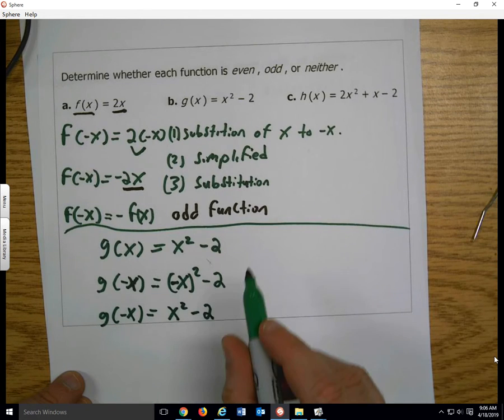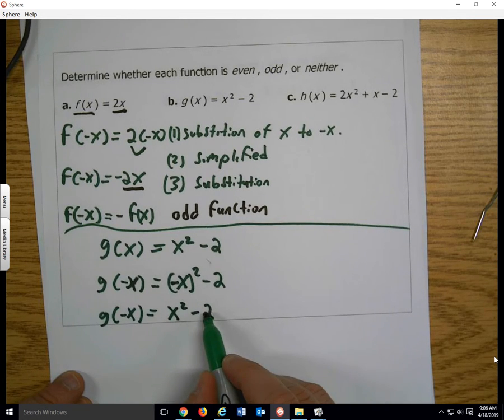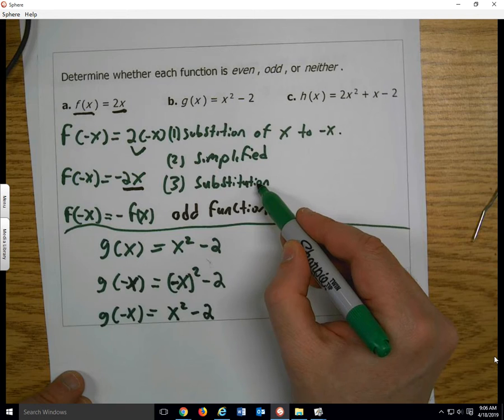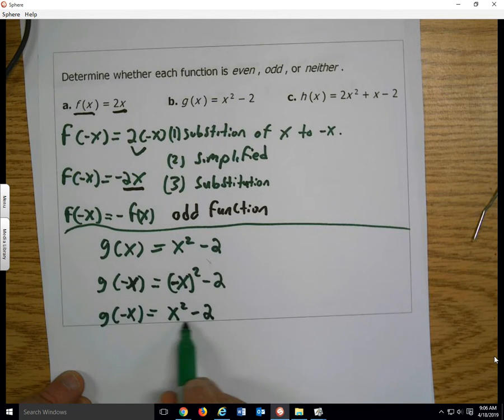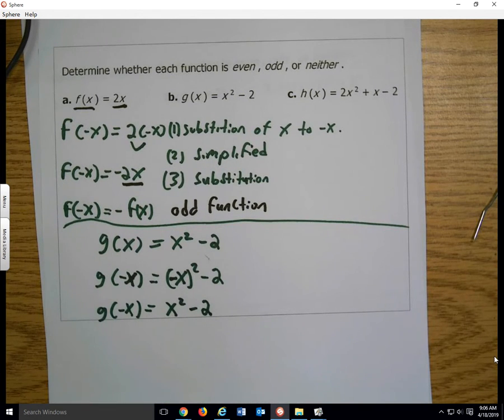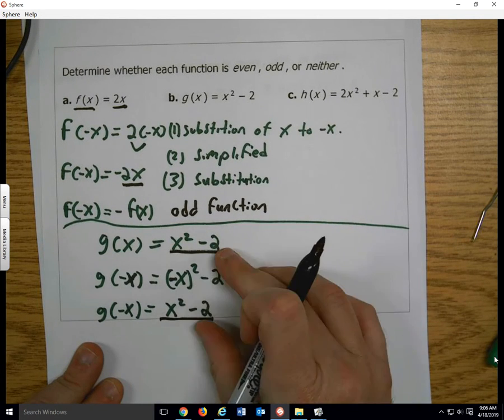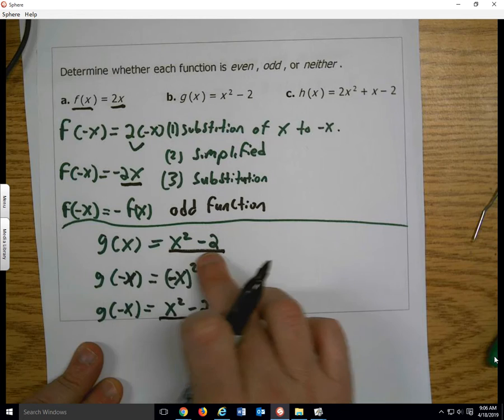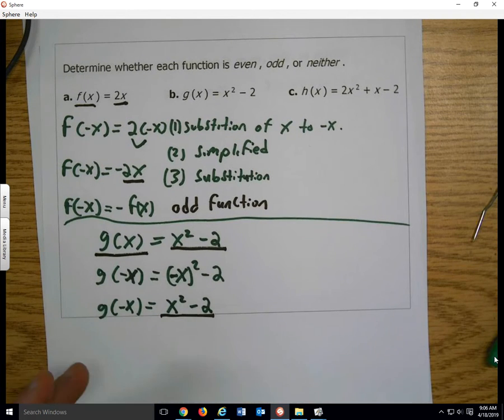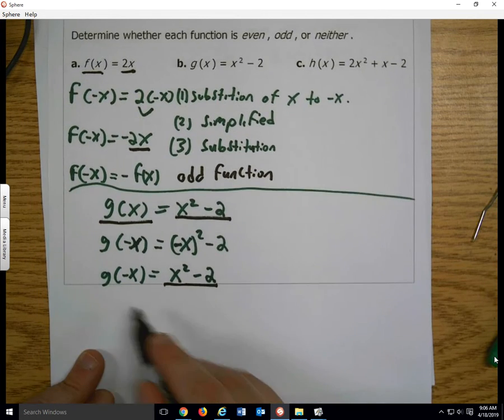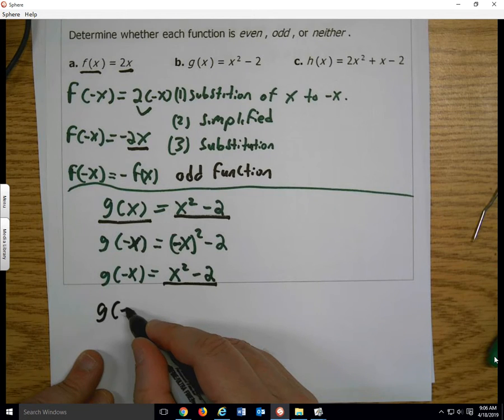So after we simplified this, we're going to do substitution. We're doing the same steps that we did up here. Is there an x squared minus 2 anywhere that we could substitute with it? Well, there is. x squared minus 2, x squared minus 2, they're the same. But what equals the x squared minus 2 is this g of x. So in place of this, I'm going to substitute a g of x.